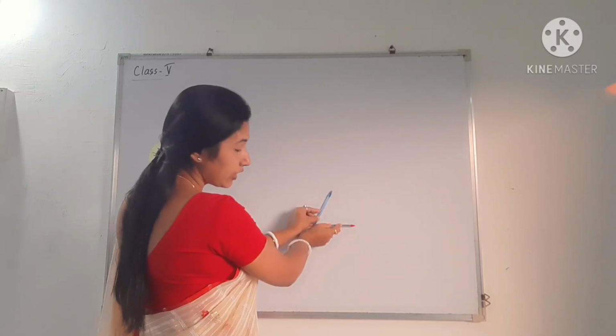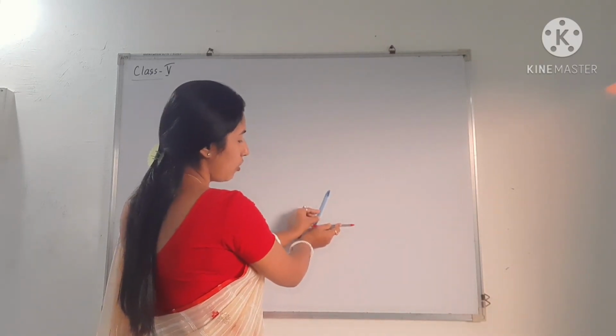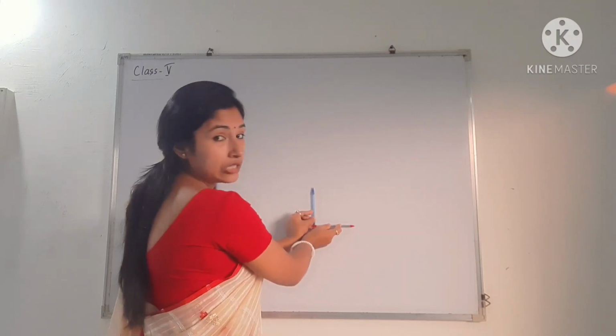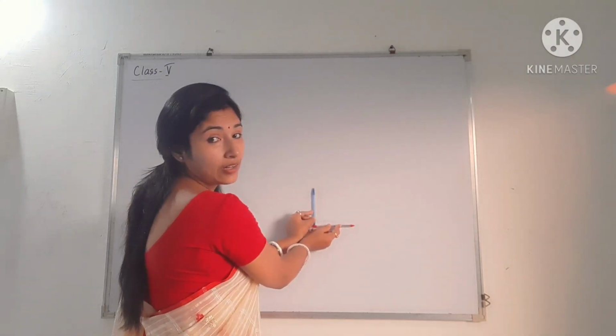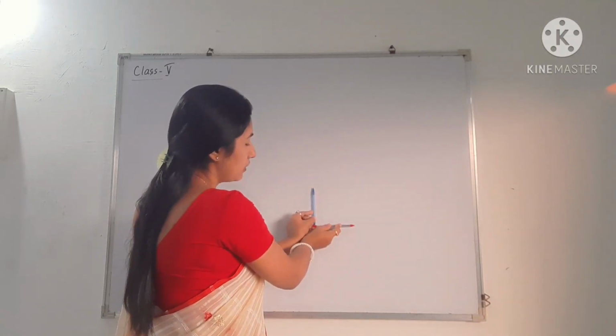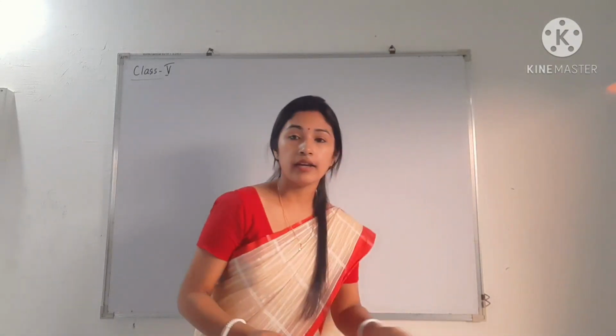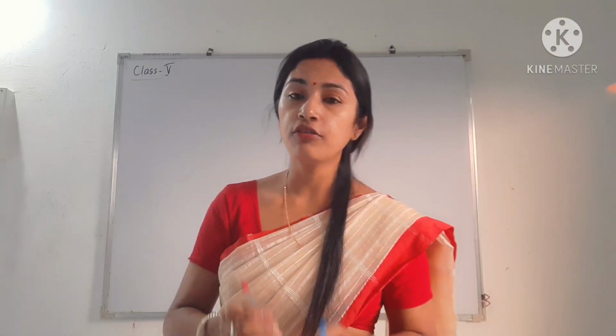So this is an acute angle which I already discussed in the previous lecture. And this is our what? This is our right angle. So the gap in between these two arms is called the angle, and the angle is measured in terms of degree.